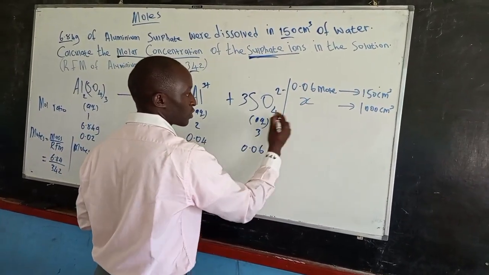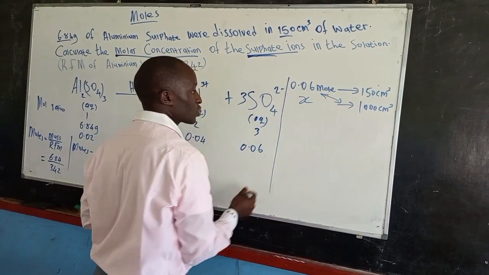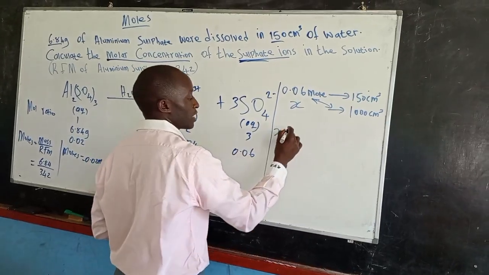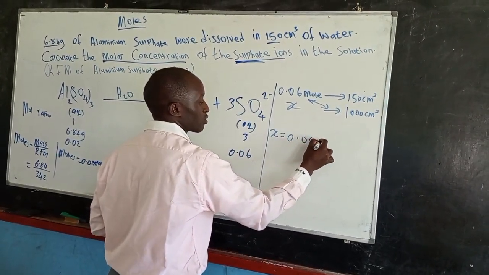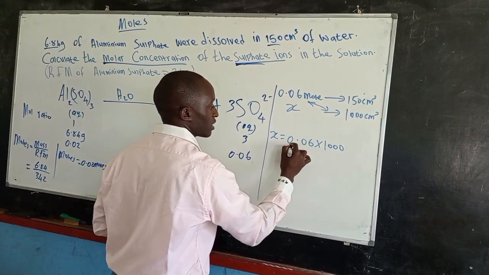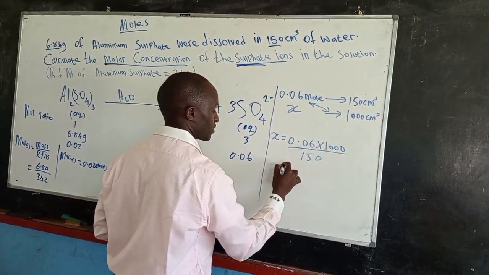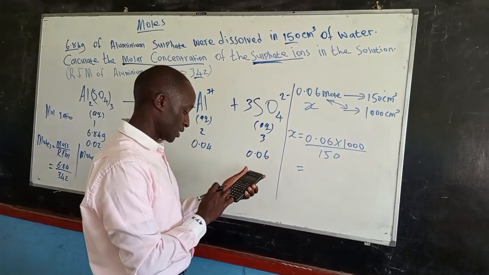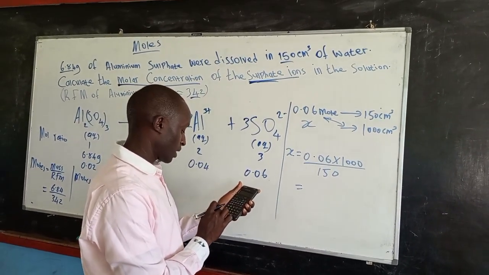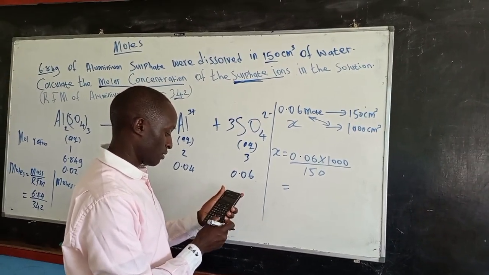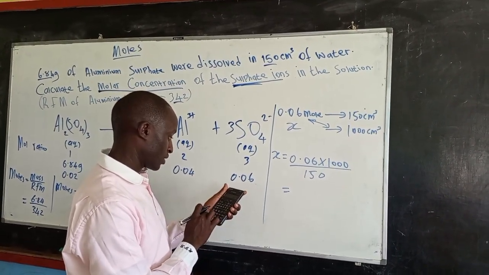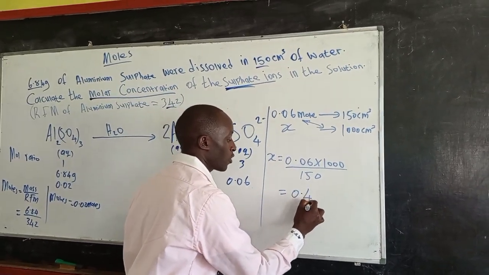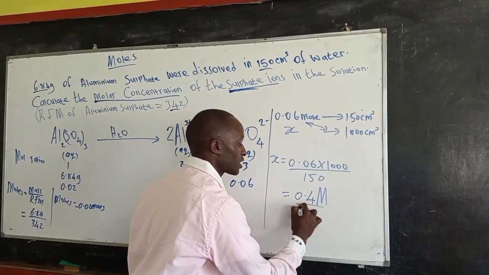I'm supposed to find the value of x, so I cross multiply. x is given by 0.06 multiplied by 1000 divided by 150. Once I work that out, I get 0.4 capital M. This is the molarity.